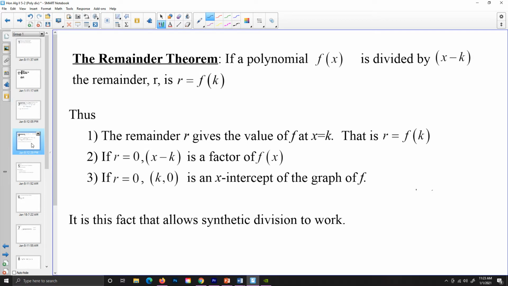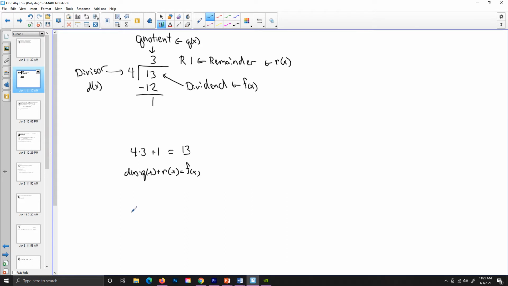The remainder theorem is an important portion of this because we want to know when polynomials actually divide each other. And there's an important relationship to that. Just as a quick review, let's go back to here and talk about what it means to divide. If I divide 4 into 13, I have a remainder.